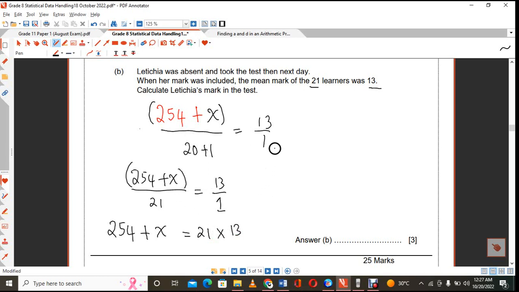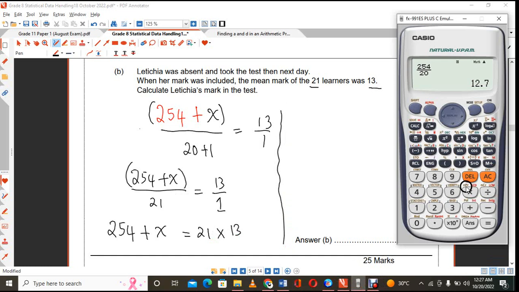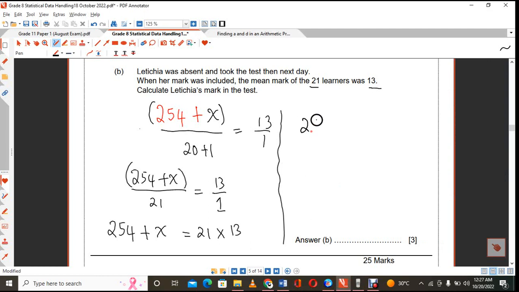So we're going to have 21 times 13, that gives you 273. So 254 plus x equals 273.